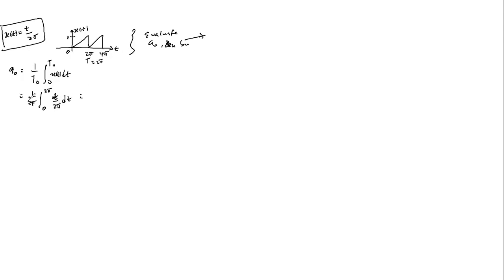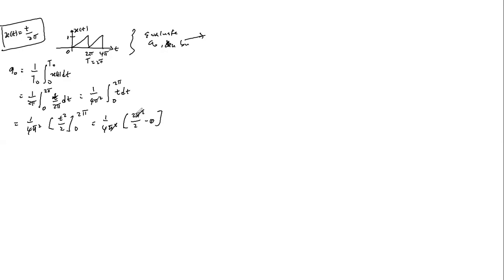So this times this will be 1 over 4 pi squared integral 0 to 2 pi of t dt. This is going to give us 1 over 4 pi squared times t squared over 2, from 0 to 2 pi. Okay? And this will be 1 over 4 pi squared times the bracket 2 pi squared over 2 minus 0.